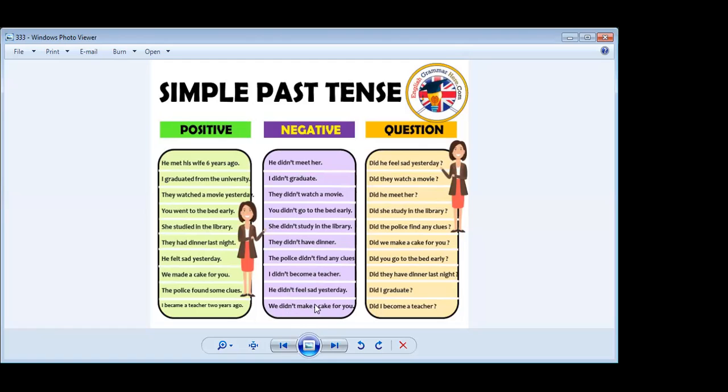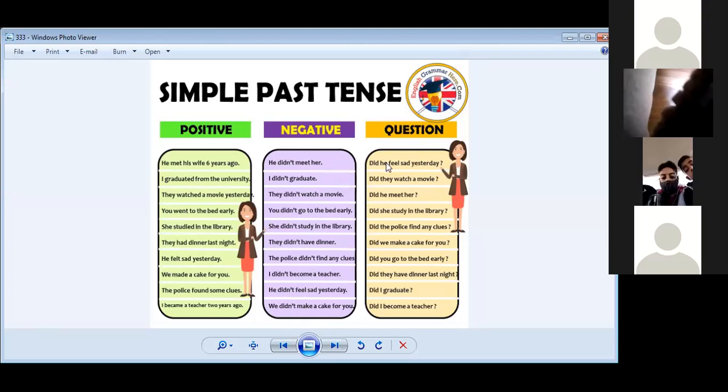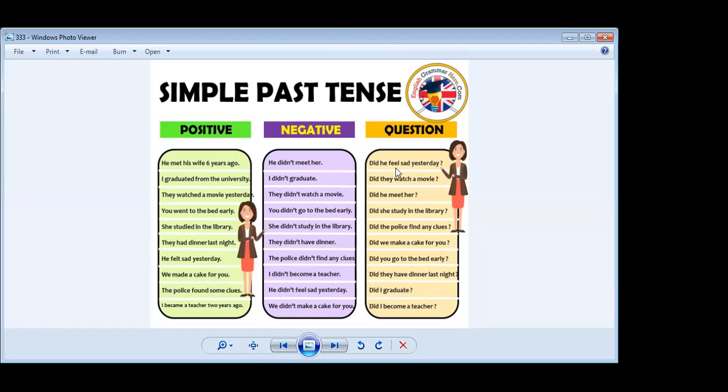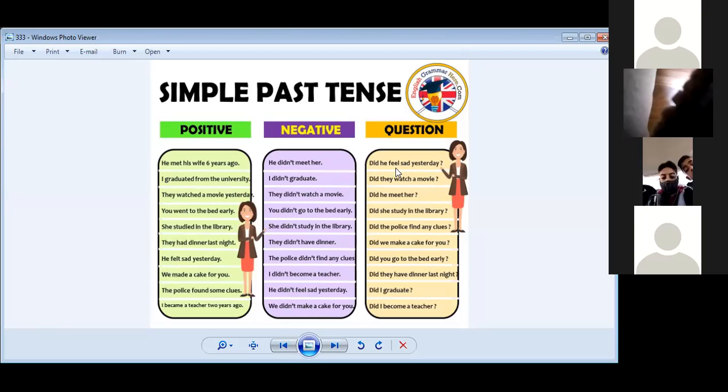So after didn't, we use the infinitive. Can you notice that? We use the infinitive after didn't. Okay? To make it a question, we use did in the beginning, then subject and verb infinitive. And verb what? Verb infinitive.